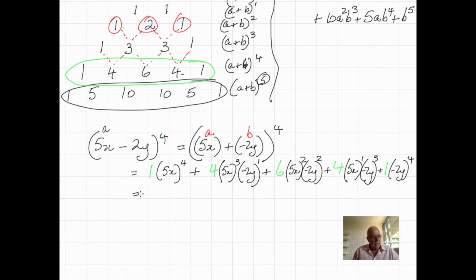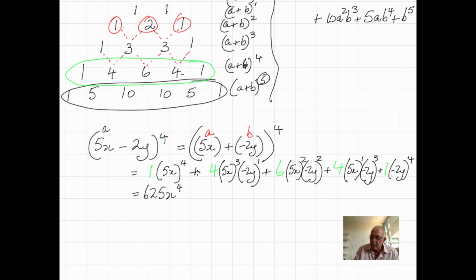And then when we expand, we've got 1 times 5. Now 5 to the power of 4, not need the calculator. 5 to the power of 2 is 25, so it will be 25 squared, which is 625. X to the power of 4.